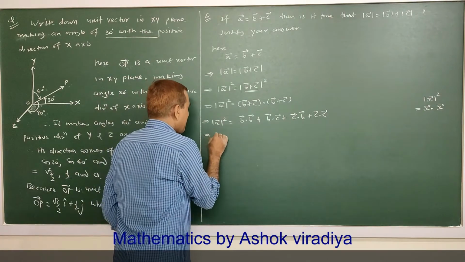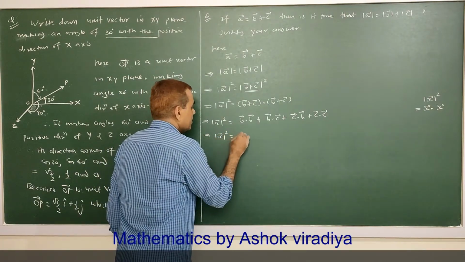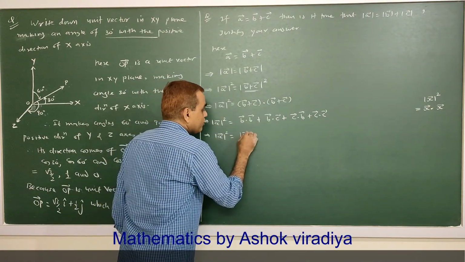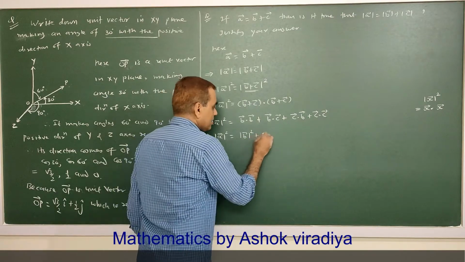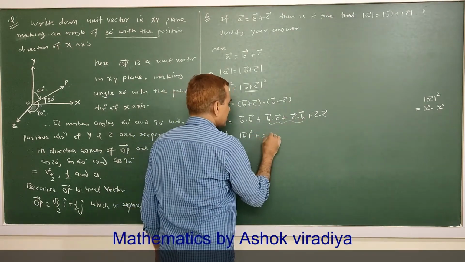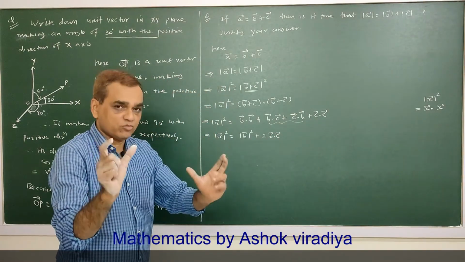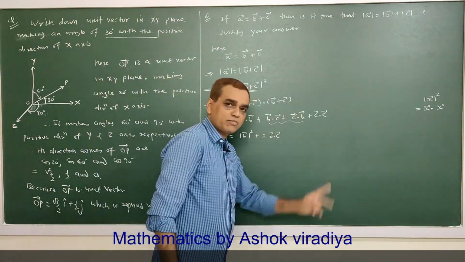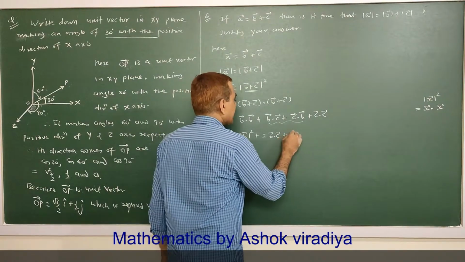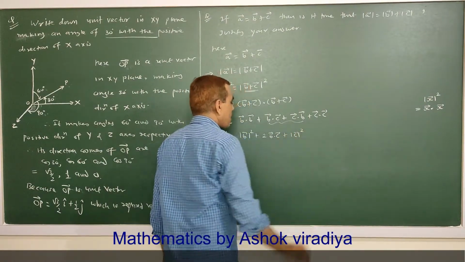So magnitude A square is B dot B, which is magnitude B square, plus 2 times B dot C, because dot product is commutative so B dot C is C dot B, plus magnitude of C square.